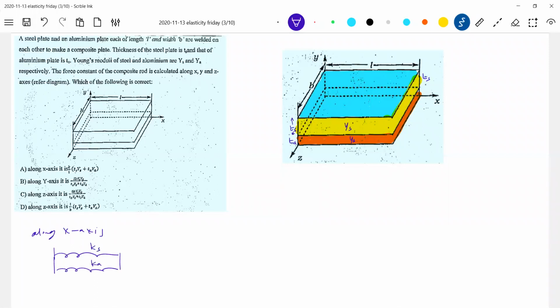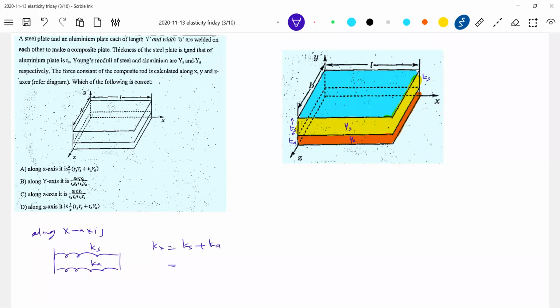Will I agree? So you are going to apply force like this along x-axis. Then both will have the same elongation because they are parallel. So effective spring constant.